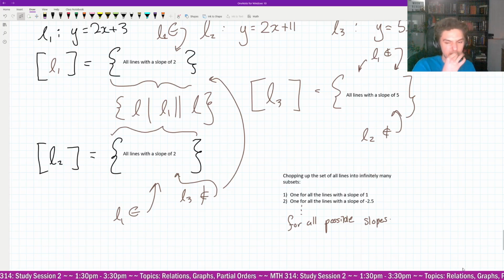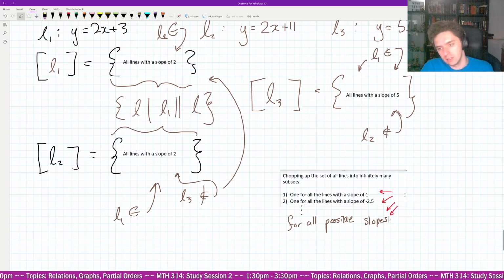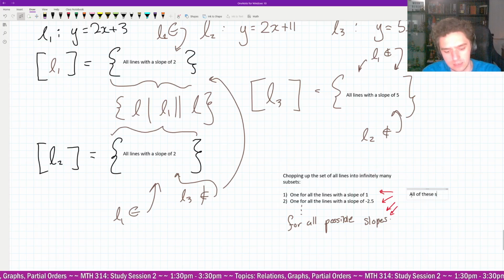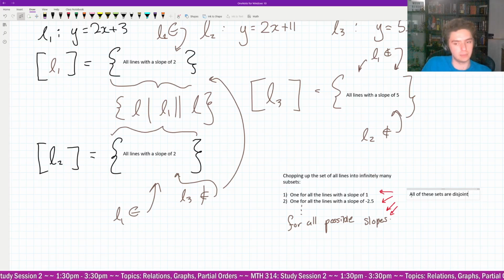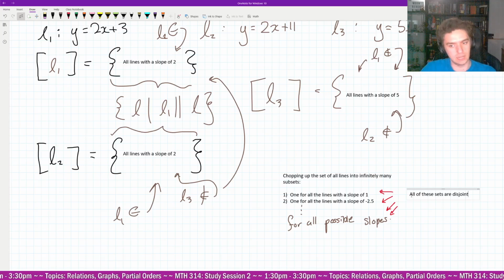And an important thing: all of these infinitely many sets are disjoint. I'm sure you understand that. They don't share any elements. So an element in the first set, which has all the lines of slope 1, does not share any elements with the set which contains all the lines with slope negative 2.5.